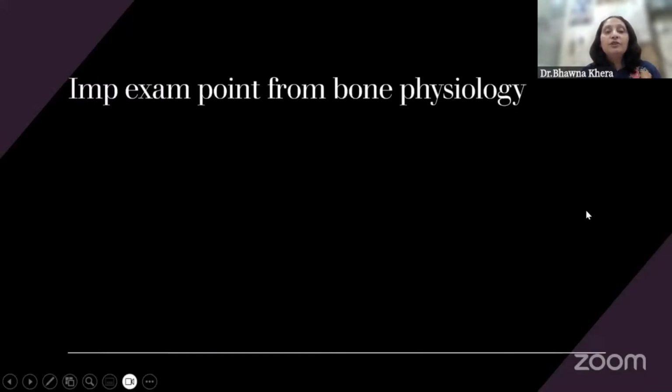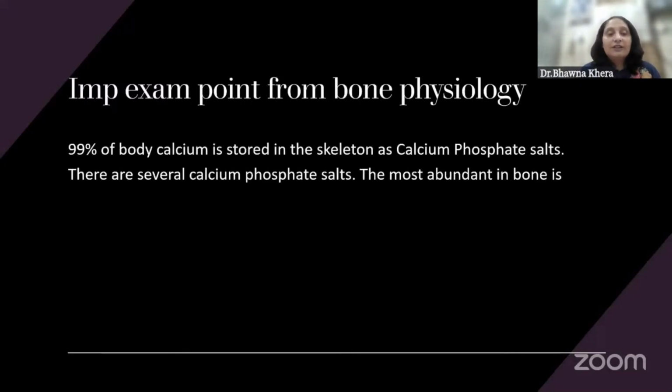Now, moving on to the next, as we are talking about bones. Here is an important point from bone physiology. 99% of the body calcium is stored in the skeleton as calcium phosphate salts.